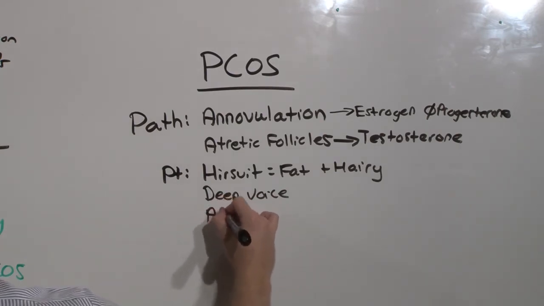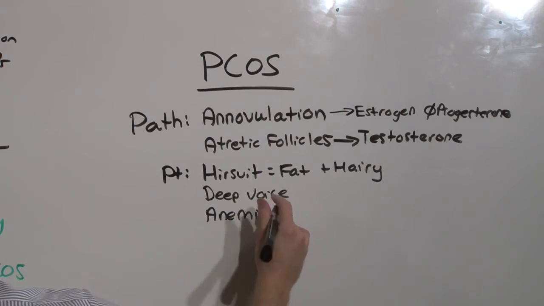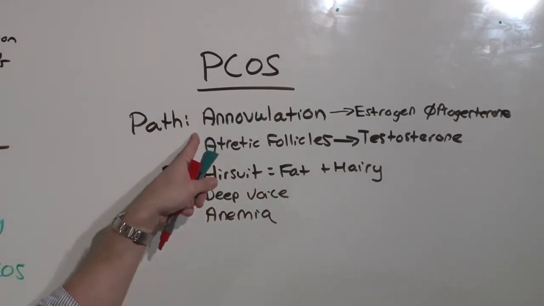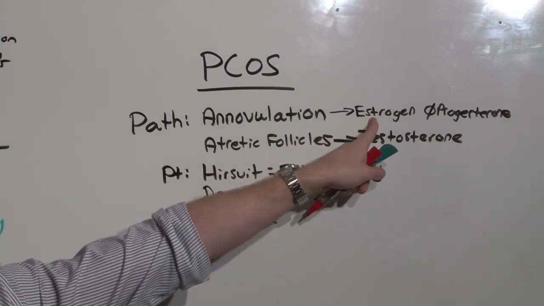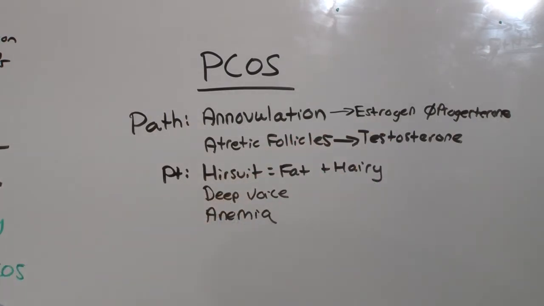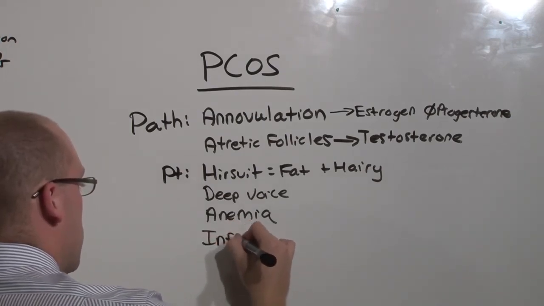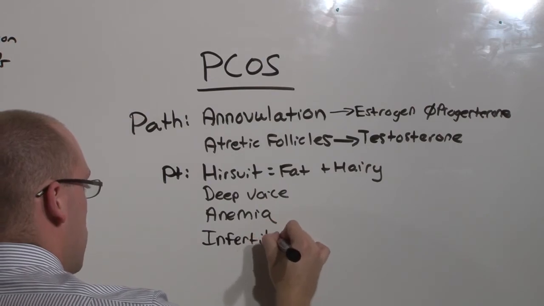She'll present with anemia because she's having essentially dysfunctional uterine bleeding. Because she's anovulatory, she has only estrogen, which builds the endometrium, which essentially outgrows its own blood supply and sloughs off. But she may also simply present with infertility because she's anovulatory.